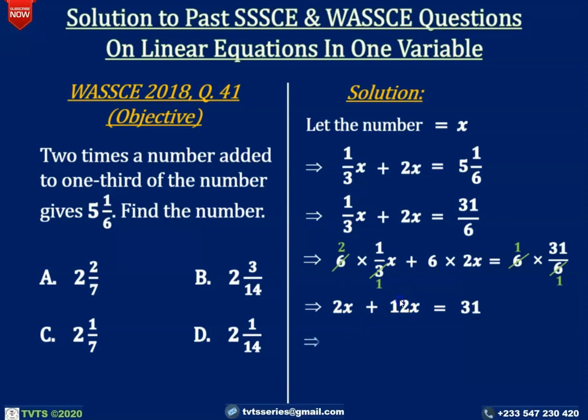So 14x is equal to 31. Dividing both sides by 14, we have x to be equal to 2 whole number 3/14. Therefore, the correct answer is option B.